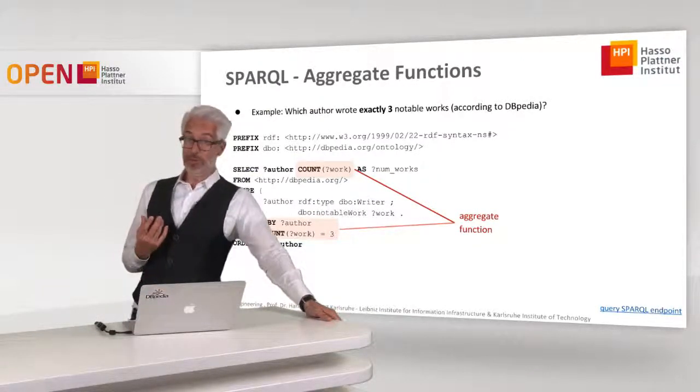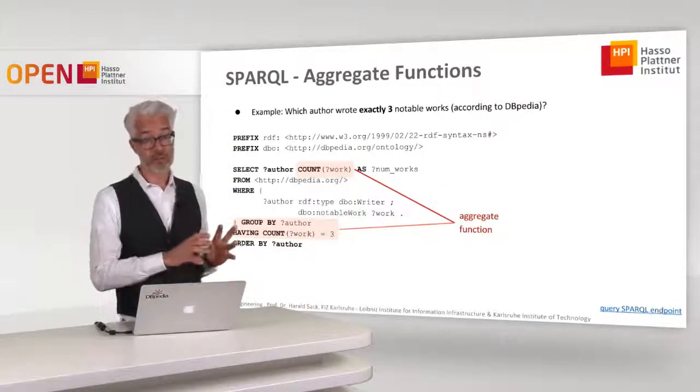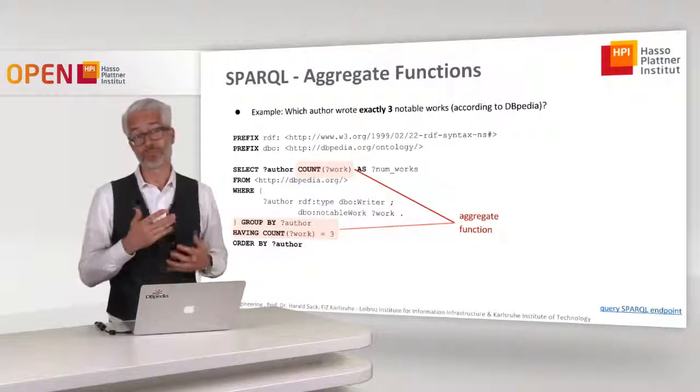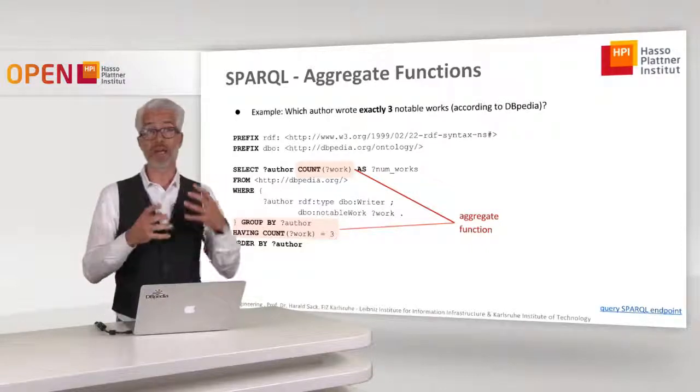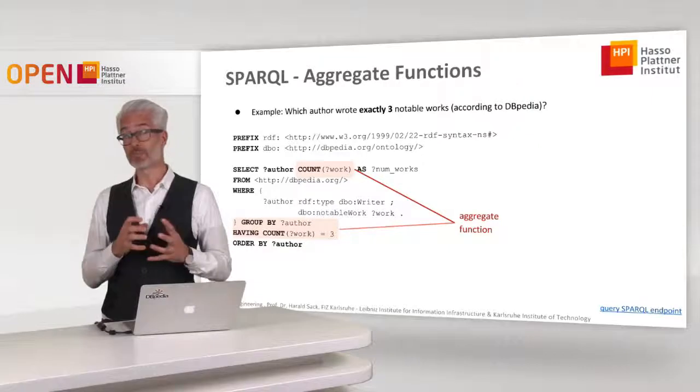Next, what we can do, of course, if we aggregate with a group by constraint, we can put another constraint on it, where we say, I do not want to aggregate all the authors, but only authors who have a specific property.